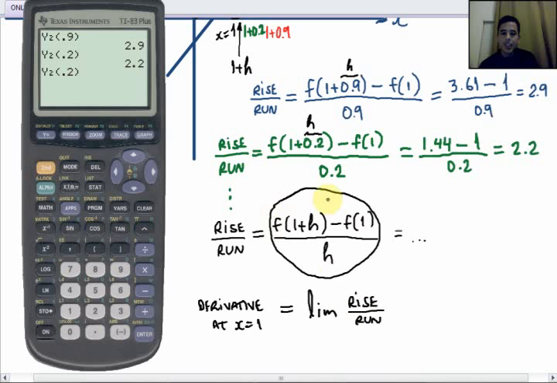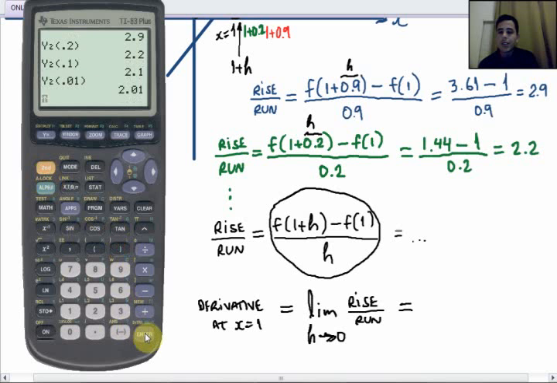So it's the limit of this big formula here when h approaches 0. In the calculator, h is simply the x value here. You need to make your h as close as possible to 0. So we have 0.9, 0.2, let's try 0.1. That's 2.1. Let's get closer to 0. 0.01, 2.01, closer.